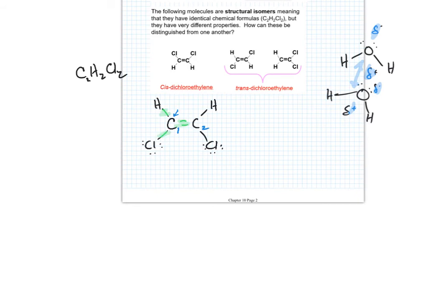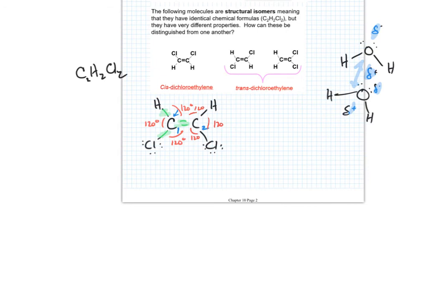So what should the bond angles be around that central carbon? They should be 120. Trigonal planar, and there are no lone pairs on that carbon, so they're all going to be 120, and same thing here, 120 degrees here, 120 here, 120 here. Trigonal planar, the whole thing is planar and symmetric with one another.